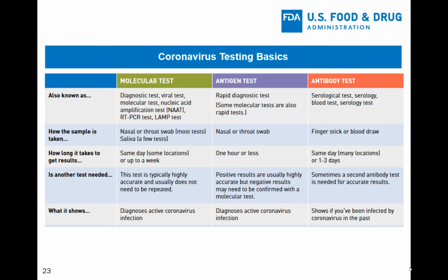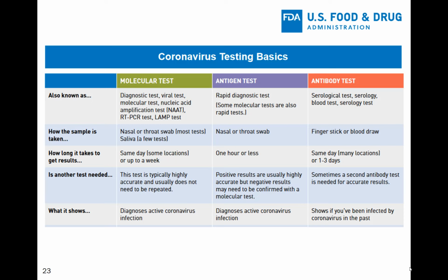So the molecular test basically looks for or targets the viral RNA. So the most common test is the PCR test, which is directed against oligonucleotides in the viral RNA. The antigen test targets, these are usually antibody tests, a protein which is specific to the virus.